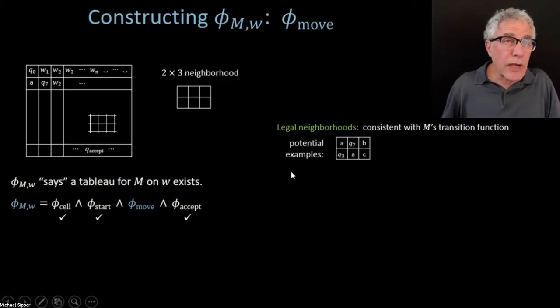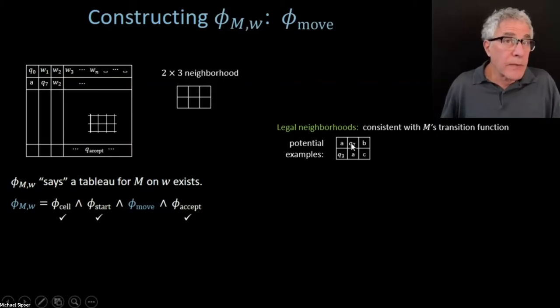So let's look at what I mean by a legal neighborhood. A legal neighborhood is a setting of the 6 values of this 2 by 3 neighborhood in a way which doesn't violate M's rules.